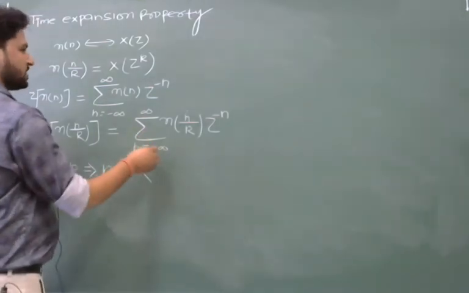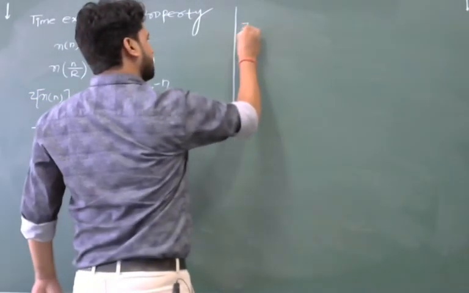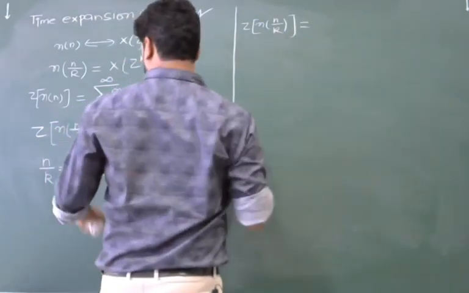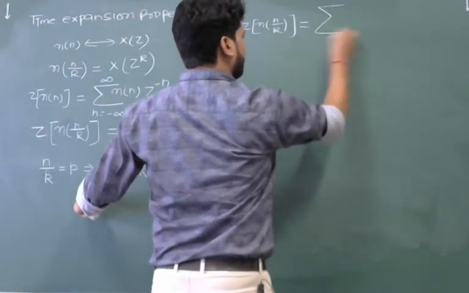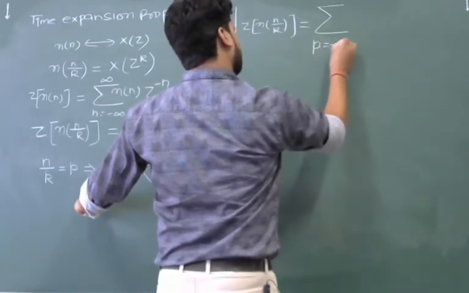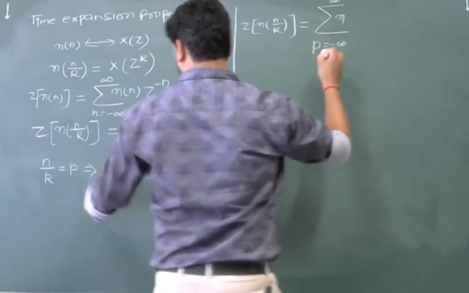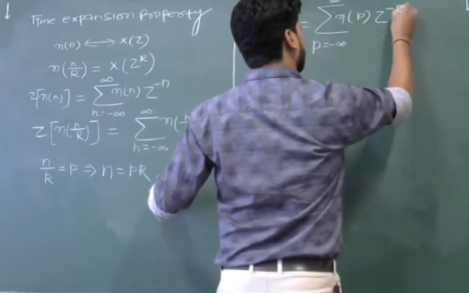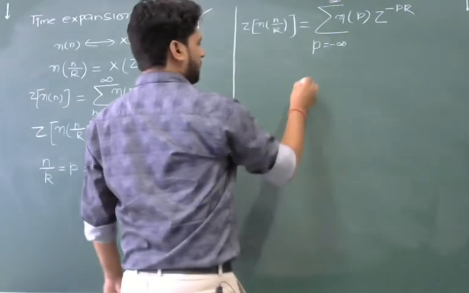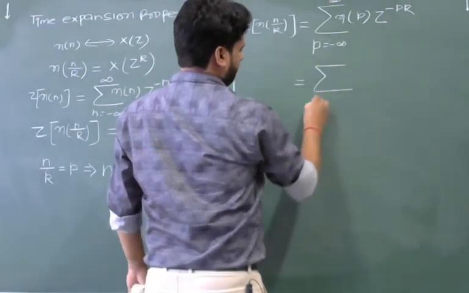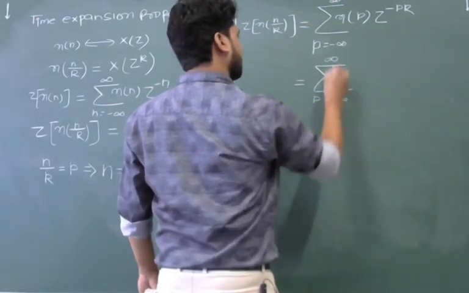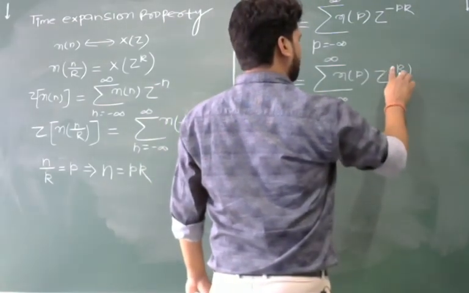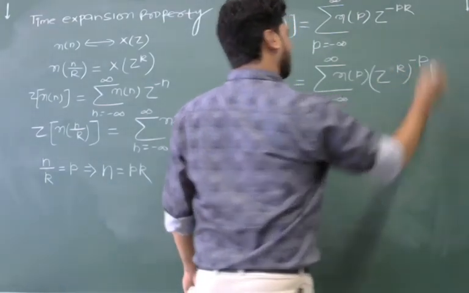So now this term can be written as the z transform of x of n by k, which will be equal to sigma p from minus infinity to plus infinity x of p into z power minus p into k, or I can write it as sigma p from minus infinity to plus infinity x of p into z power k to the power minus p.